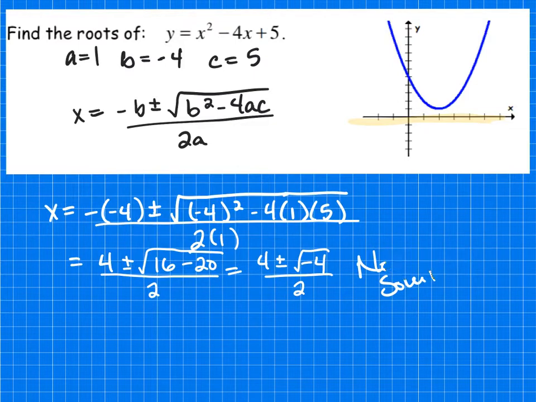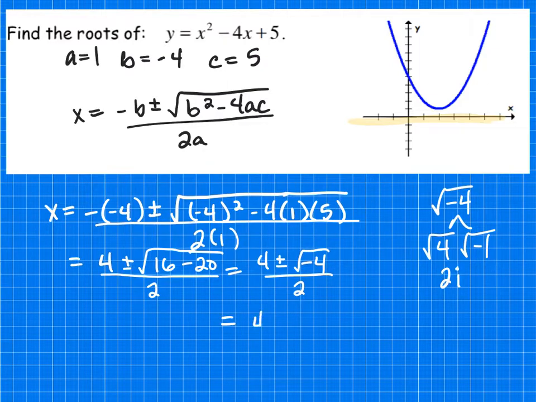But now we know imaginary numbers, so we're going to deal with the square root of negative 4. We're going to split that into the square root of 4 times the square root of negative 1, and rewrite the square root of 4, which is 2, and the square root of negative 1 we now know as i, so we're going to rewrite this as 4 plus or minus 2i divided by 2.